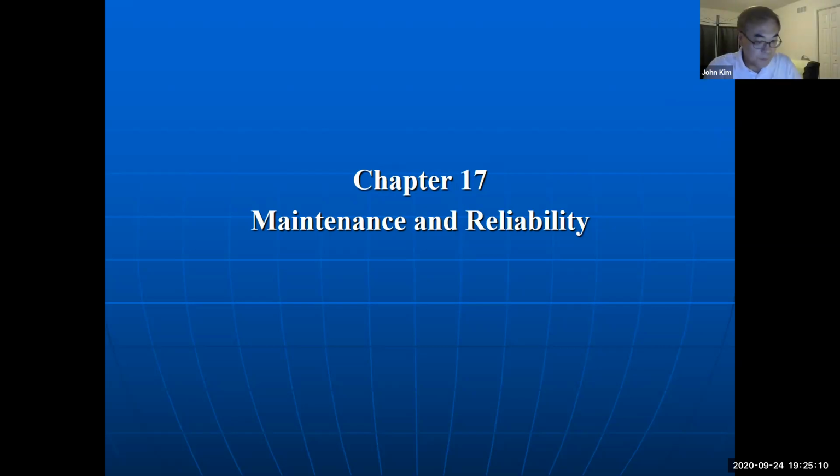I'm back. Okay, chapter 17 is about maintenance and reliability. In JIT system, maintenance is important to reduce or eliminate unnecessary time caused by machine failure.